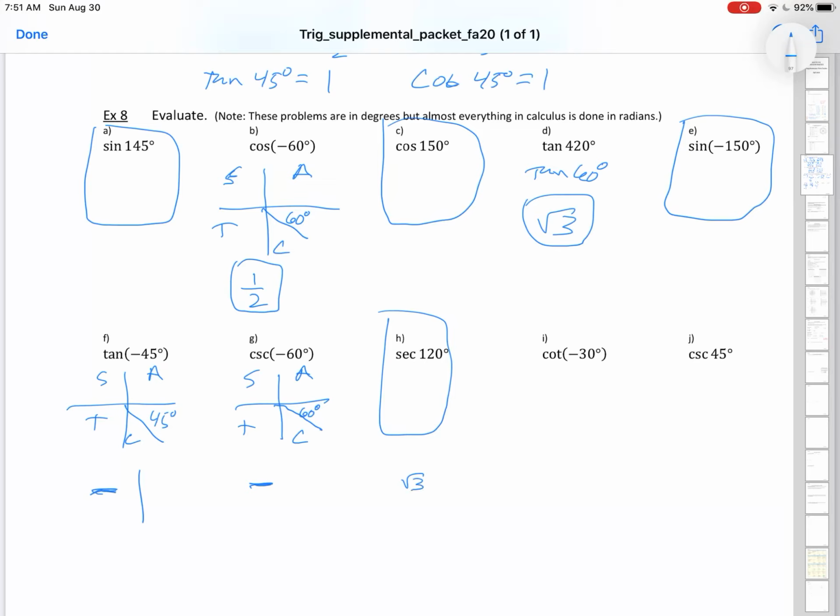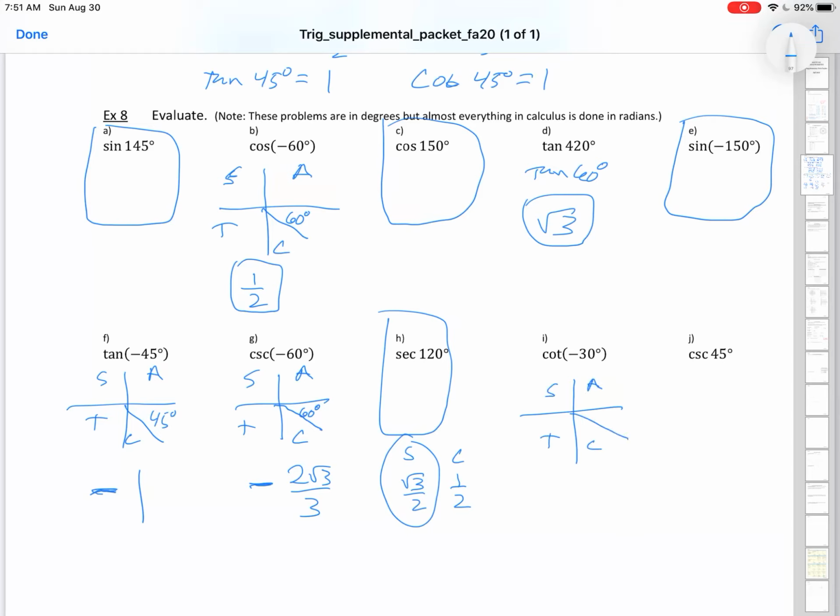Sine of 60 degrees is √3/2, and cosine of 60 degrees is 1/2. If I look at the cosecant, I really only needed this one, so I got to flip that one. So that's 2√3/3 rationalized.